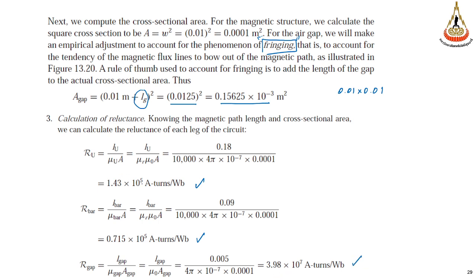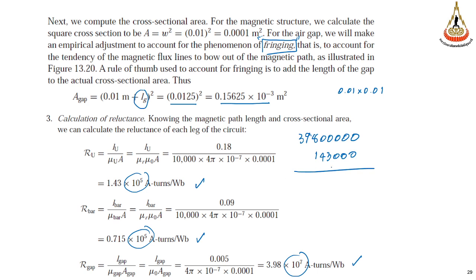You can see this is 10 to the power 5 and this is 10 to the power 7, right? It's much different, right?